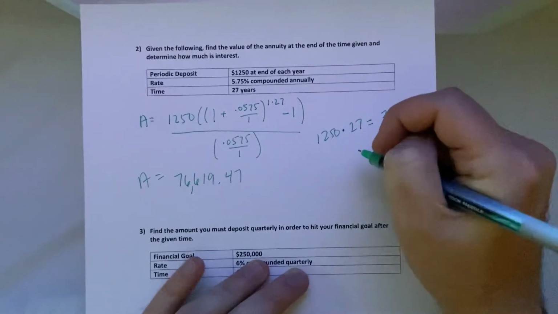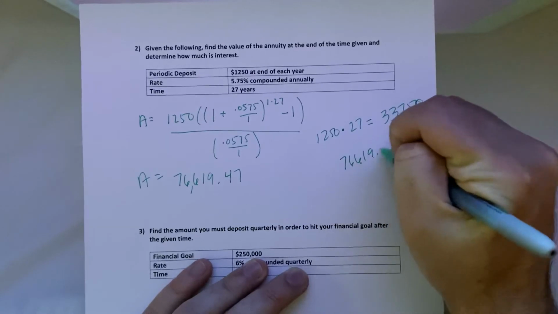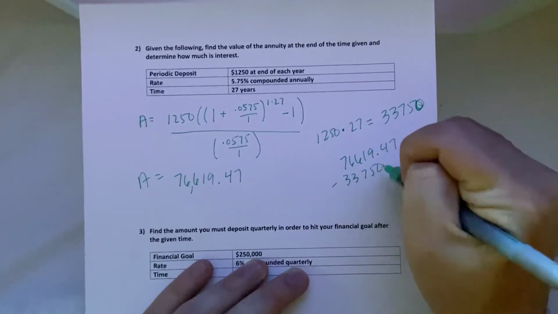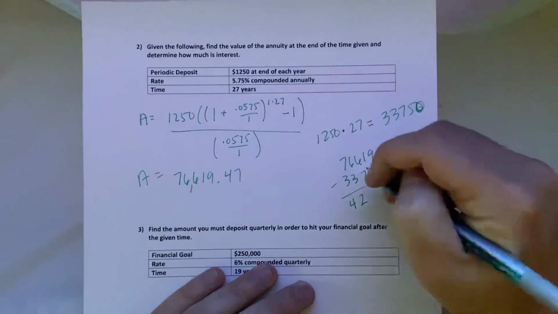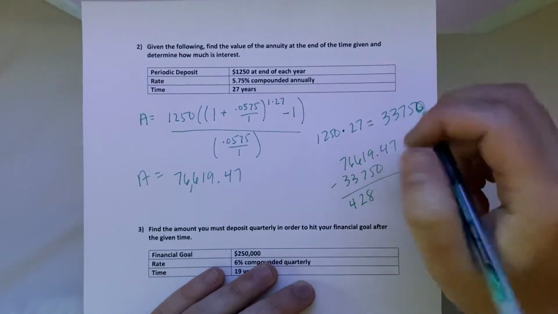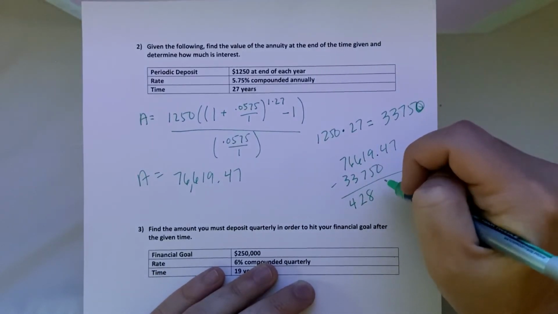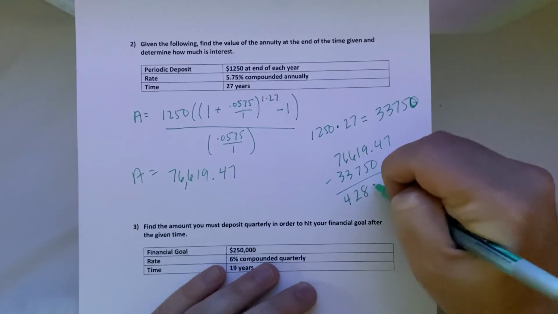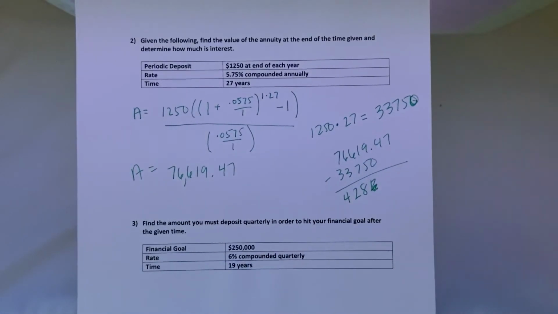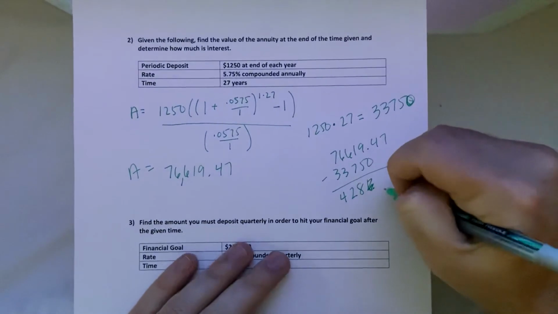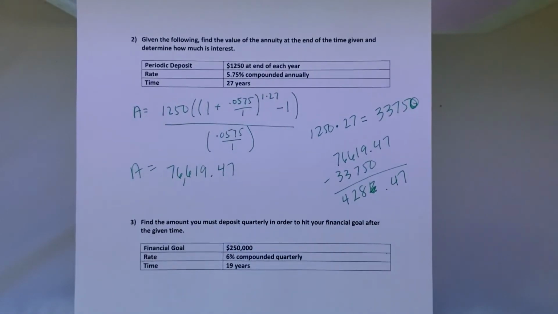So the difference between these two is, it looks like, 42,000 something, it's definitely 47 cents. 750 minus 619, if we flip these, is 131, so it's the opposite of 131, which is 869.